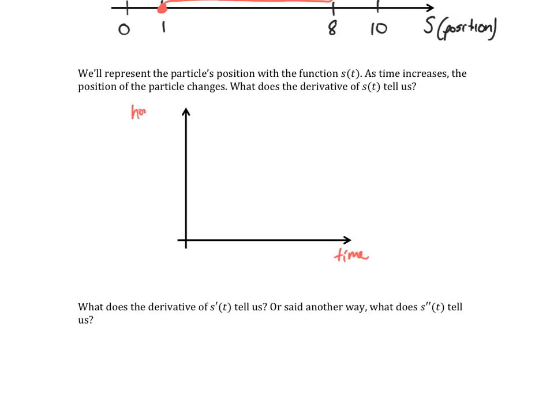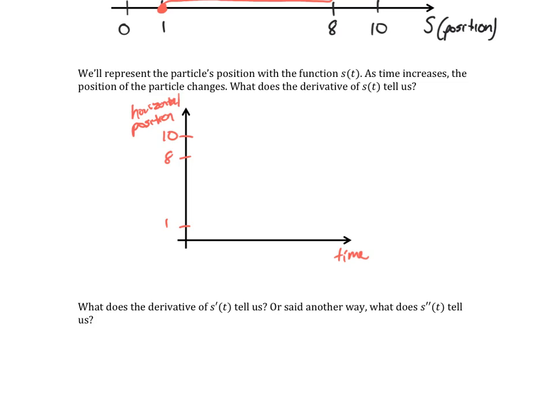It's the horizontal position. So we ended up at 10. I'm just using what we did before. We went to 8. We started at 1. So I'm representing this using an x and y grid, where on the x-axis we have time, and on the y-axis we have its horizontal position.